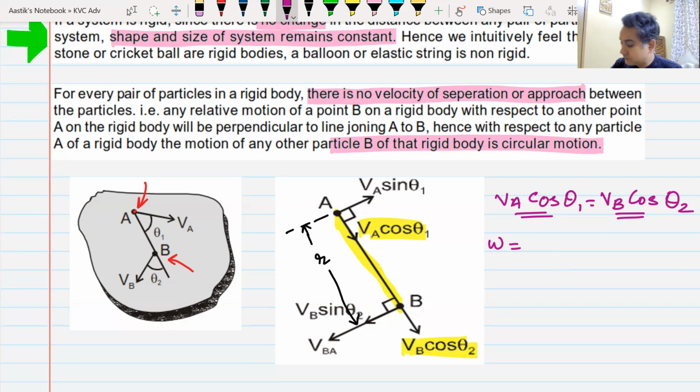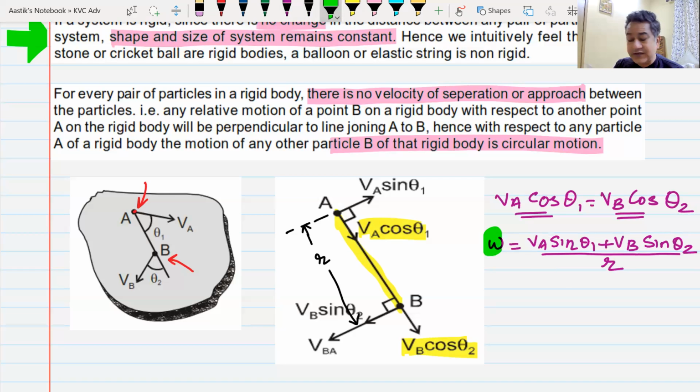Sir, VA sin theta 1 plus VB sin theta 2, by r. This will be the angular velocity of what B sees A moving.